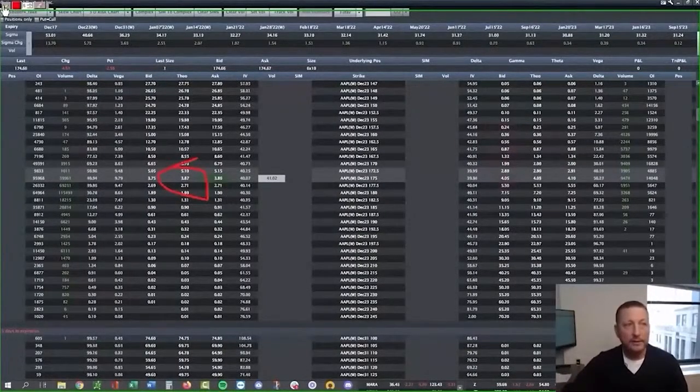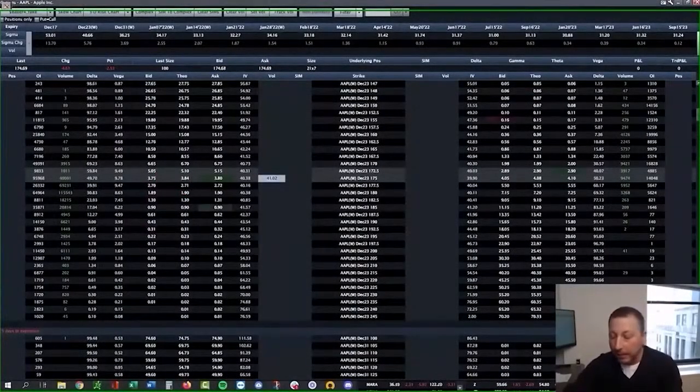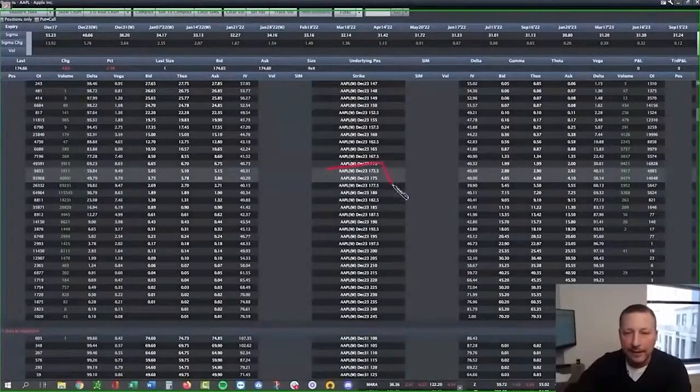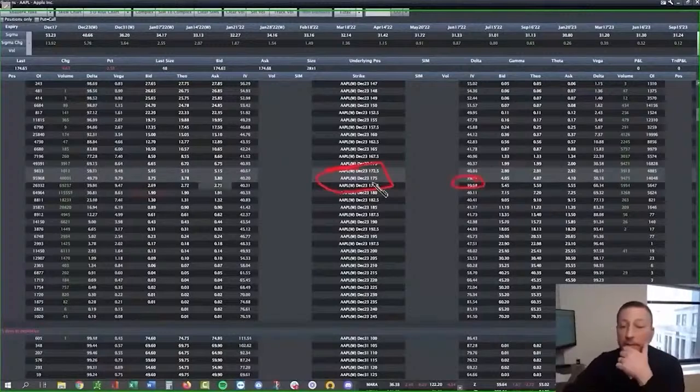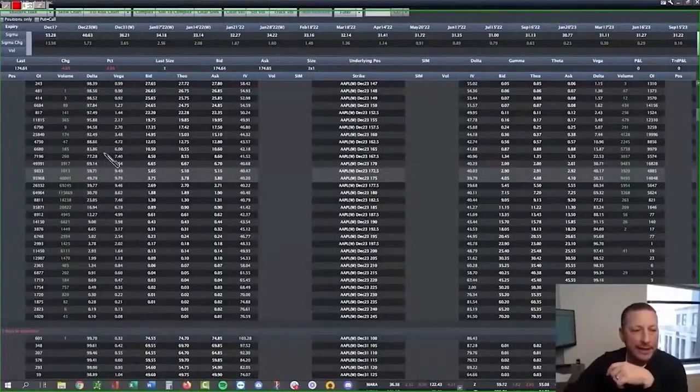Now, for comparison purposes, let's focus in right now on the put side. Okay, the put side, the December 175 put, has the same implied vol, 40%-ish, as the call. And that put right now is trading about 4.07. That Vega is the same, about 10 cents.